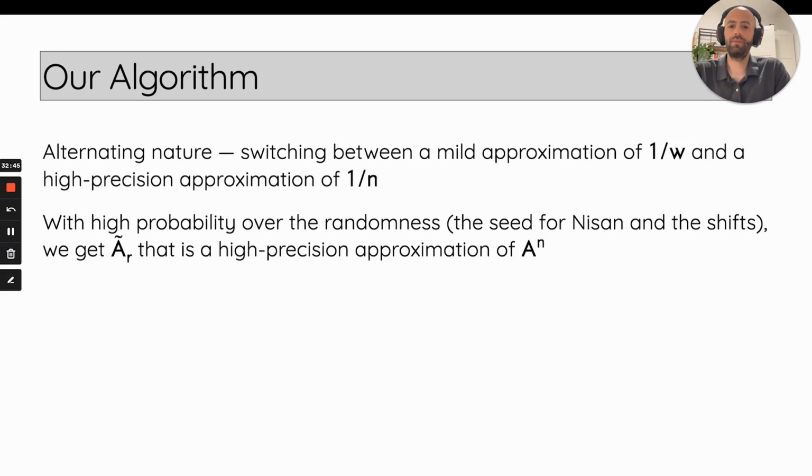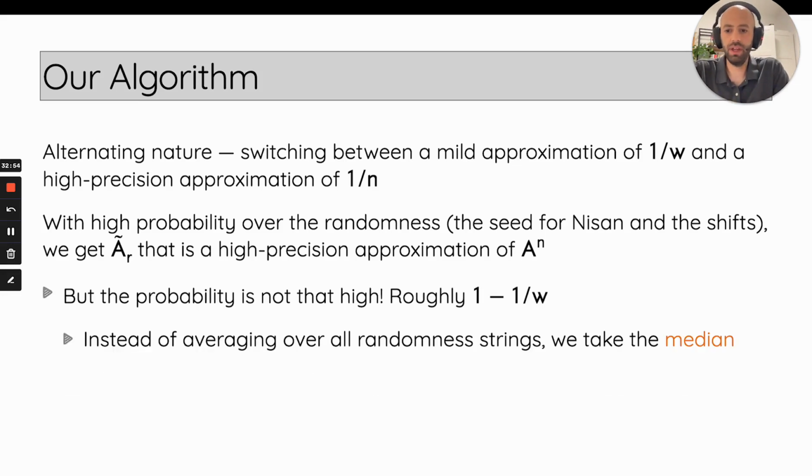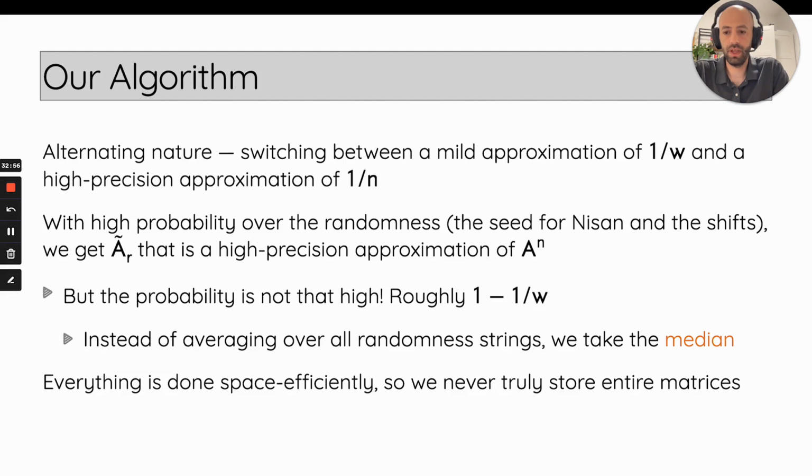And with high probability over the randomness, we get a high precision approximation of A to the n. And note that everything is done space efficiently, so we never really store entire matrices, but need to do it more carefully.